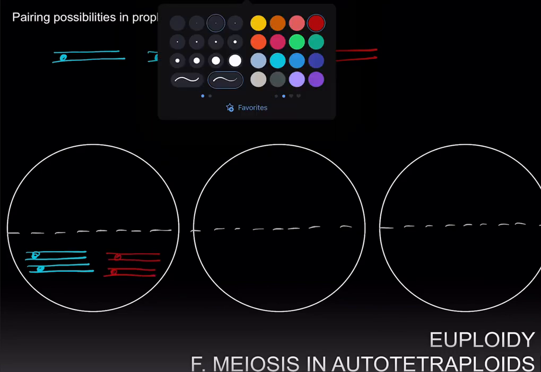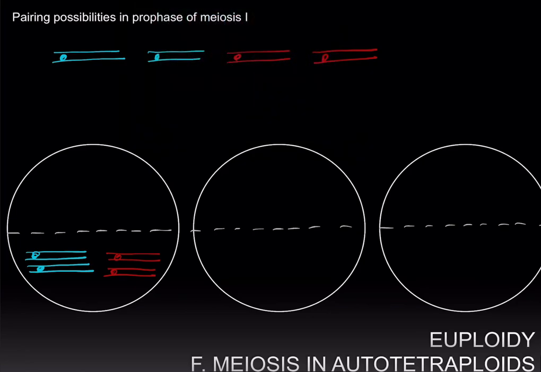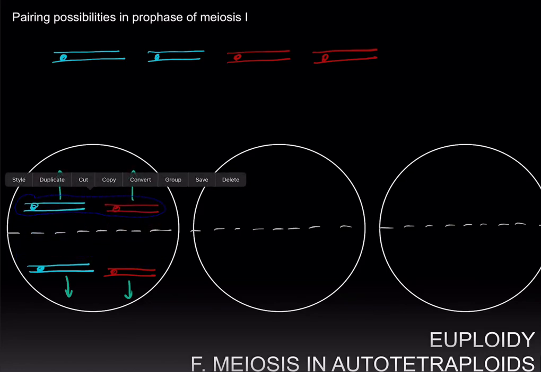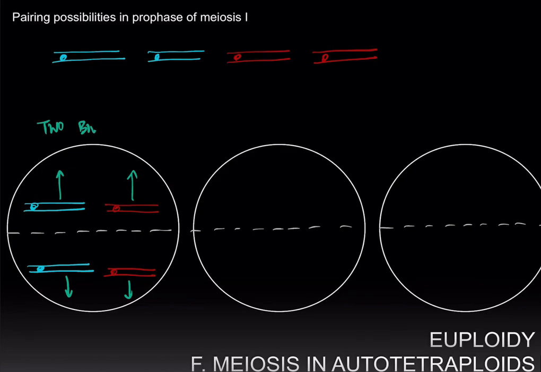And these bivalents will segregate to opposite poles, so that at the end of meiosis 1, we will have one pair in one daughter cell and the other pair in the other daughter cell, resulting in, after completion of meiosis 2, diploid gametes. So this situation was one where we had 2 bivalents.